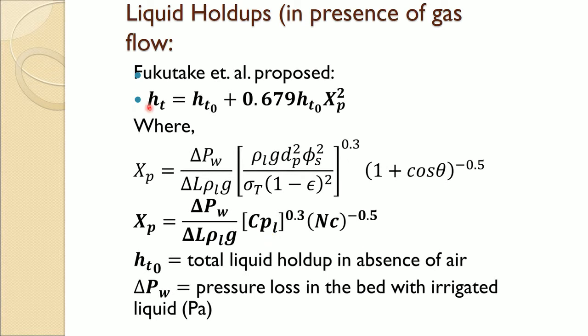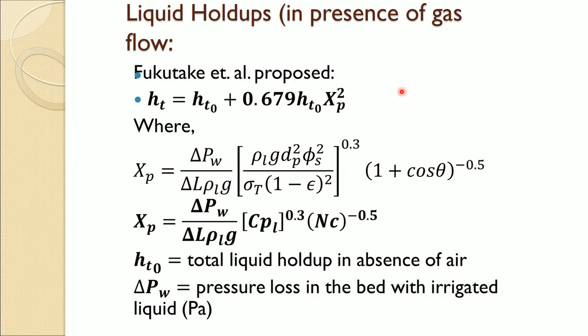And if you look at your total Holdup equation, this pressure drop term constitutes the part of x p, which is coming here. So, the total Holdup term is coming on both sides, which creates a problem, meaning the equation has to be solved numerically with trial and error to find out the total Holdup.